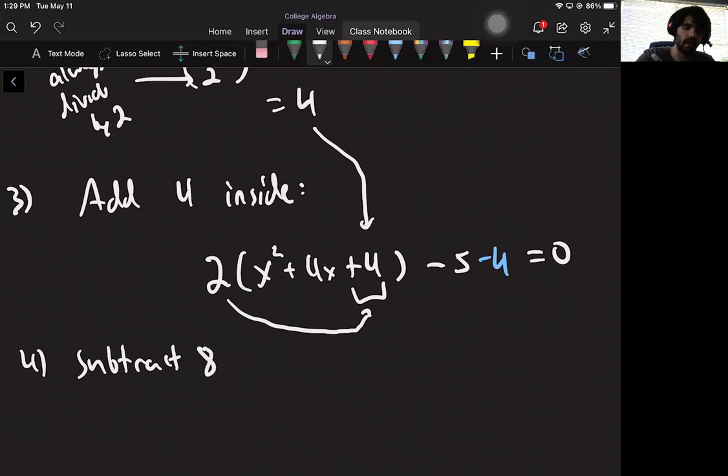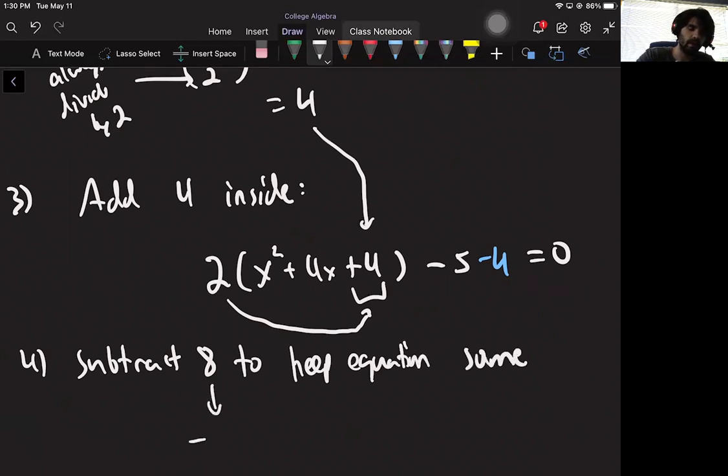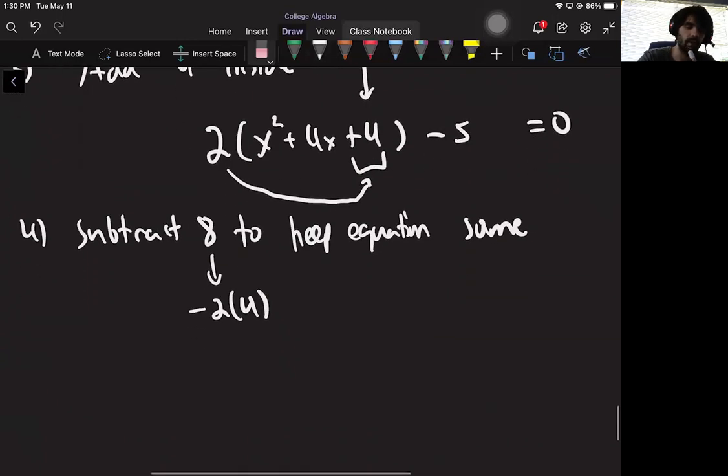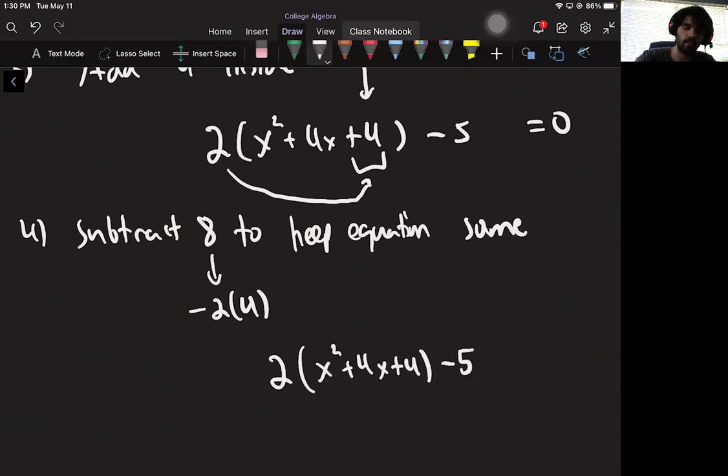So now I need to subtract 8 to make it not change. So I have to subtract 8 to keep the equation the same because of this 2. So that was not right. So instead I have to subtract 8.